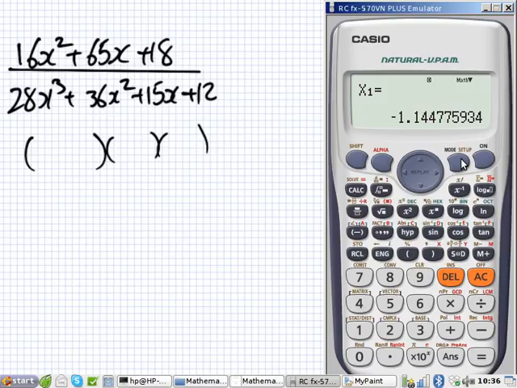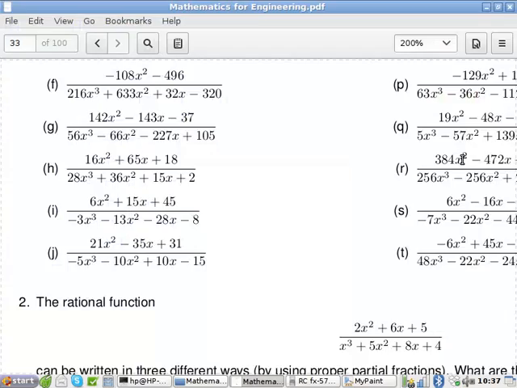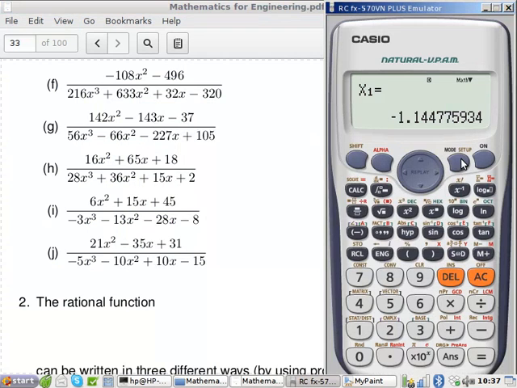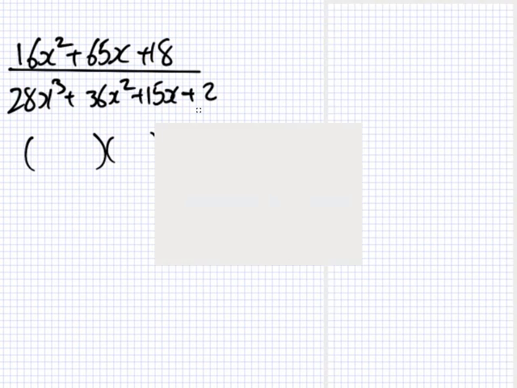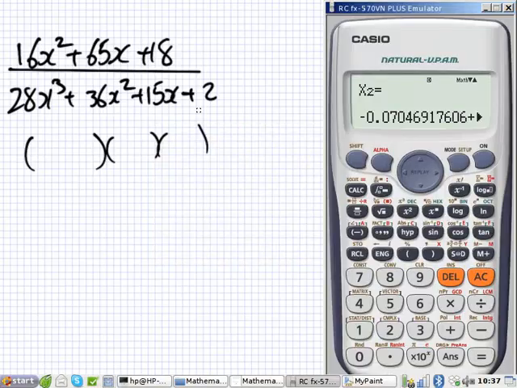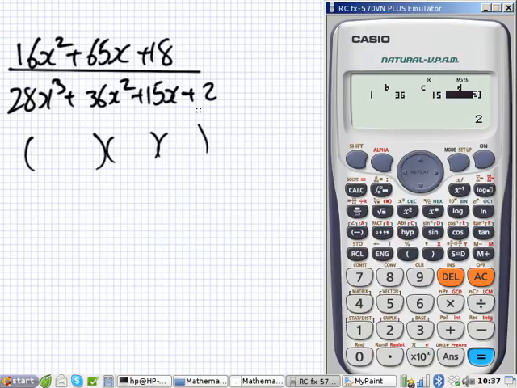Only 2, not 4, is it? Yes, sorry. That's okay. That will make it better, I hope. 28, 36, 15, 12. 7x plus 2.